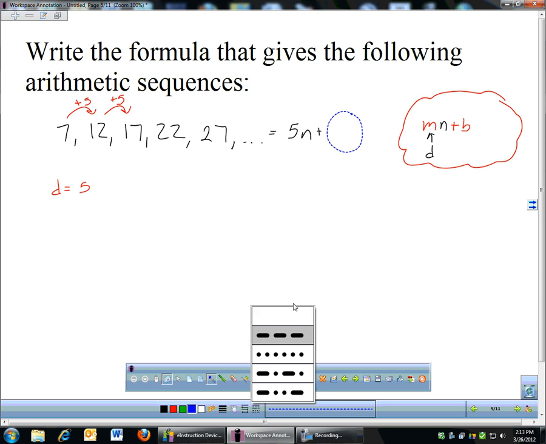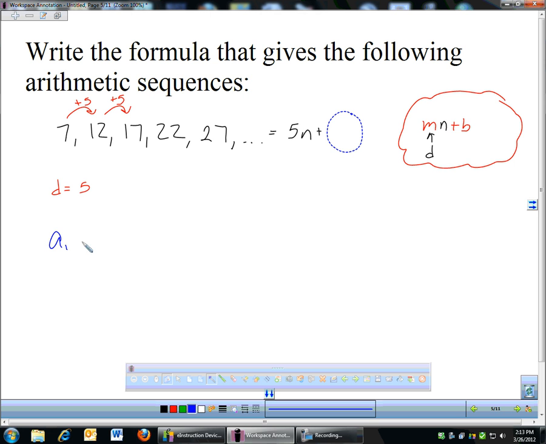The way I figure that out is I know my first term, a sub 1, is 7, and that's when n was equal to 1. So I'll simply plug in 1 to this formula. My formula is 5n plus something, and when I plug in 1, I need to get 7.